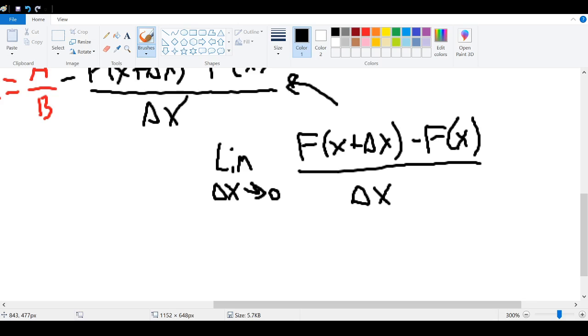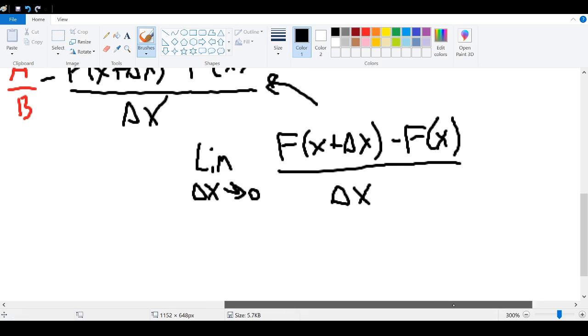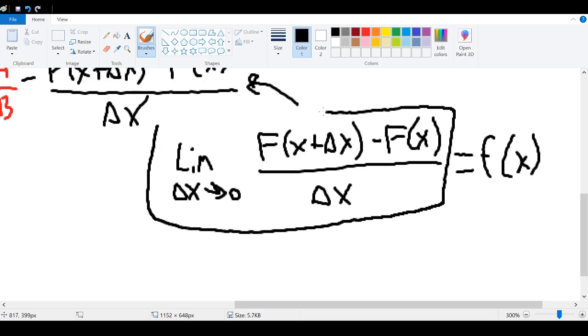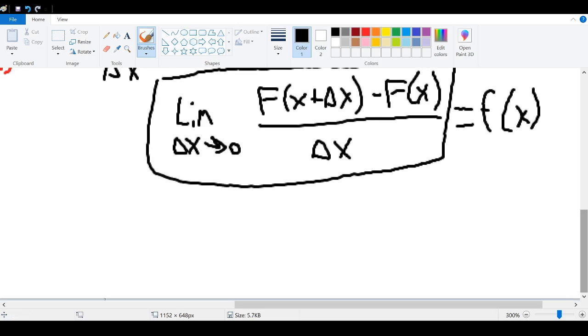And we can say that if we take delta x equal to 0, then this would be equal to little f of x. But if you look closely at what this quantity is, this is the limit definition of the derivative. And so we can rewrite this entire thing as the derivative of capital F with respect to x is equal to little f of x.